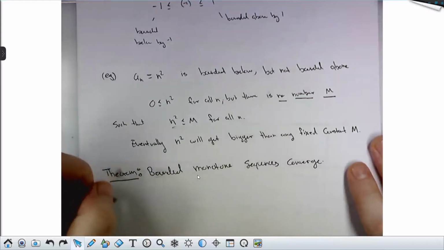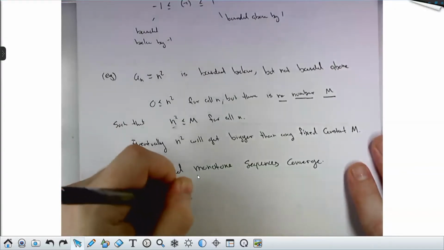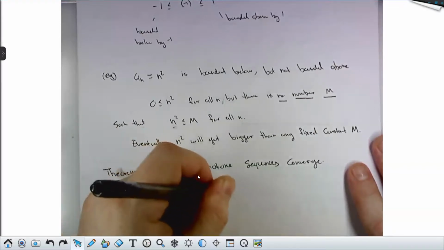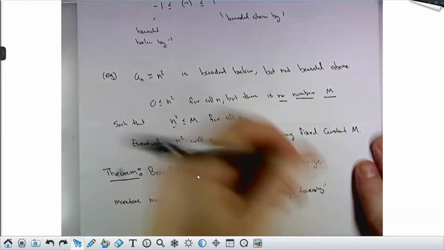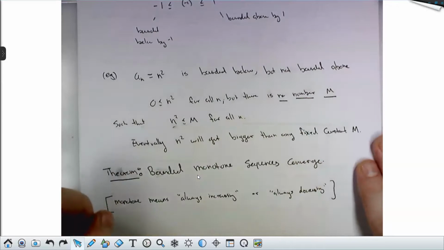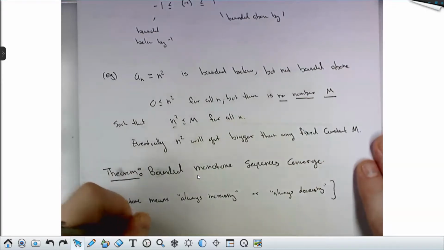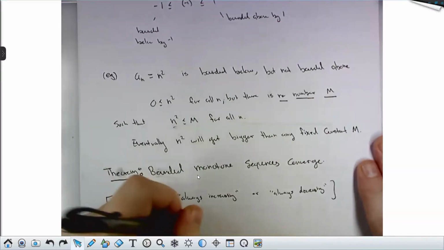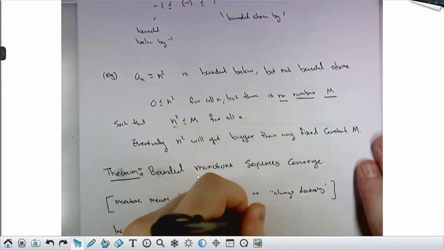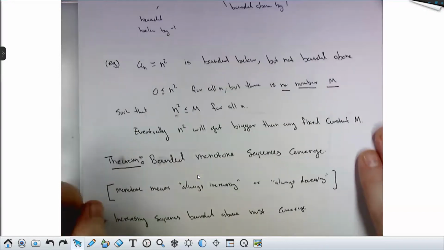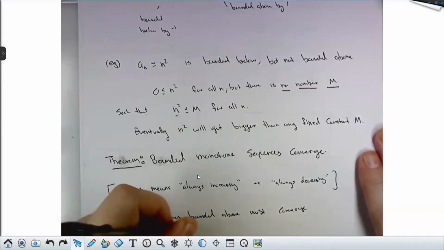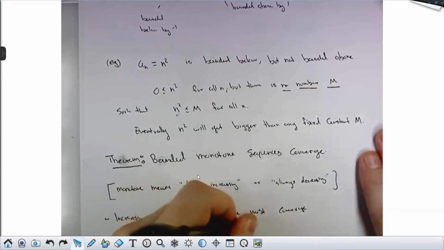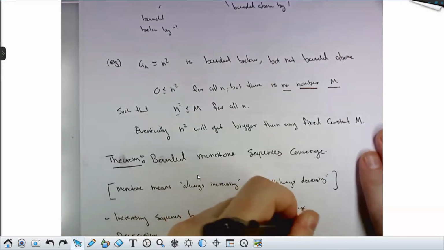Monotone means always increasing or always decreasing. Specifically, increasing sequences bounded above must converge, and decreasing sequences bounded below must converge.